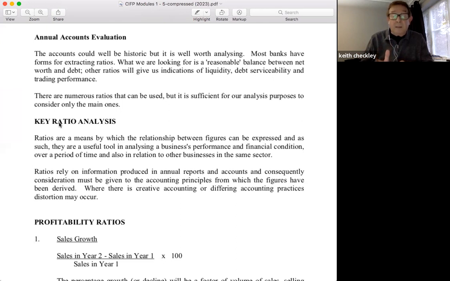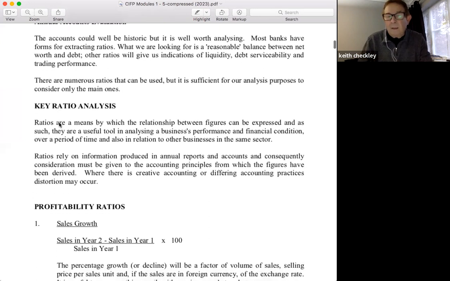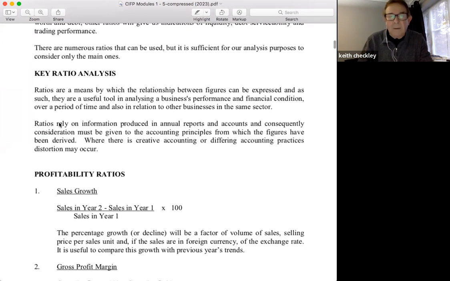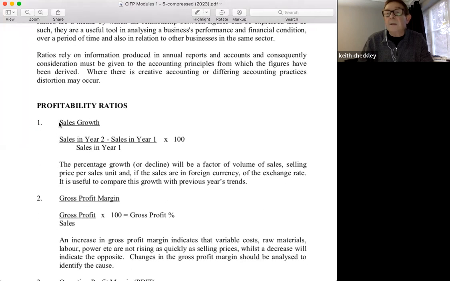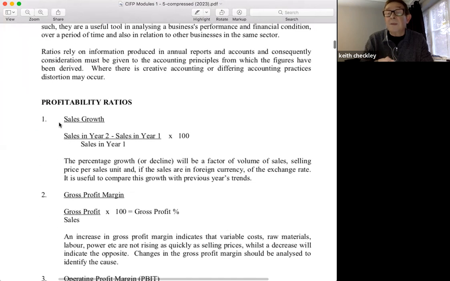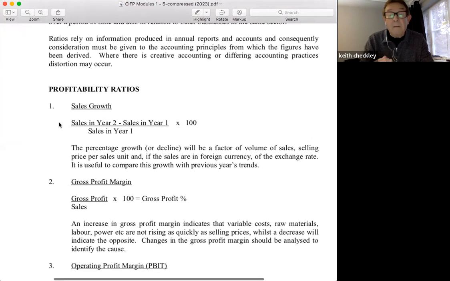by the Chartered Banker Institute, who, as you know, are the accreditors of this program and several of our other programs. So what I'm going to do very quickly is run you through some of these key ratios, and then, time permitting, we'll make a start on a practical example, which I hope will bring it to life.